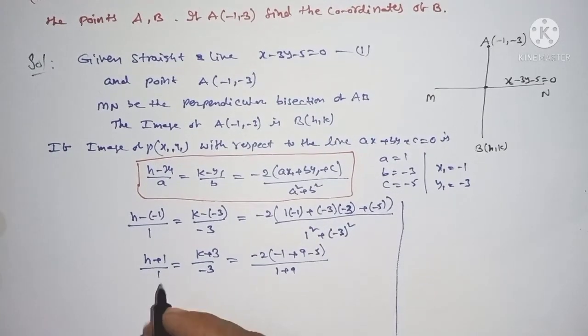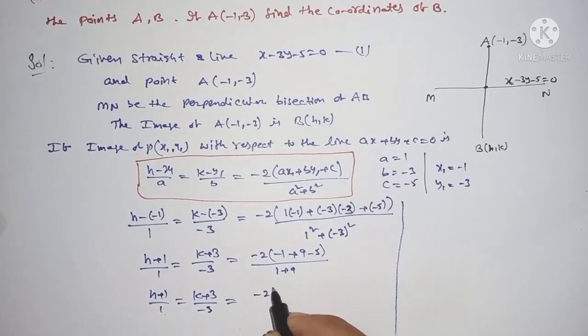That is minus 2 times 3 divided by 10, which is minus 3 by 5. Comparing the h term and the k term, you get (h, k), which is the image.